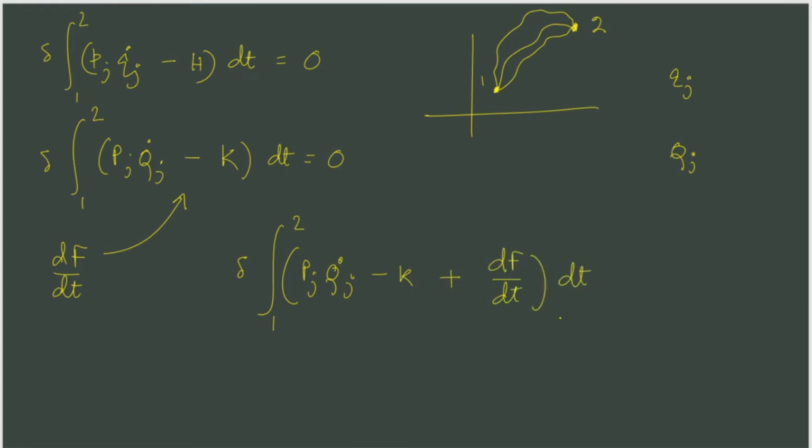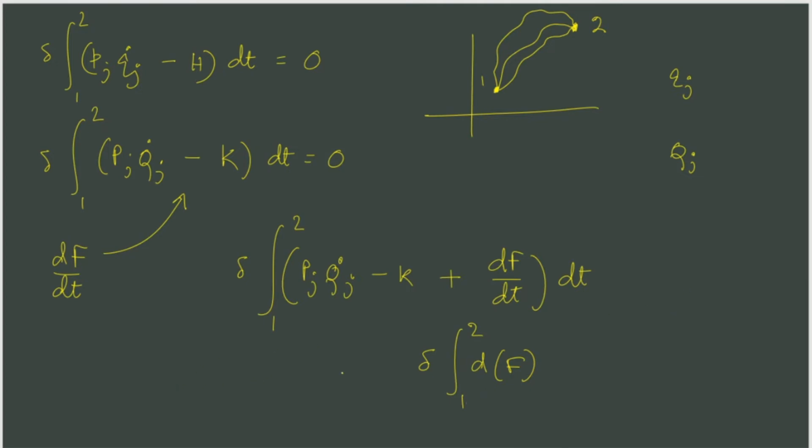Let's focus on the last term. After all, it's an integral over time of a total time derivative, so it's simple. We are evaluating the variation of f at the endpoints 1 and 2.